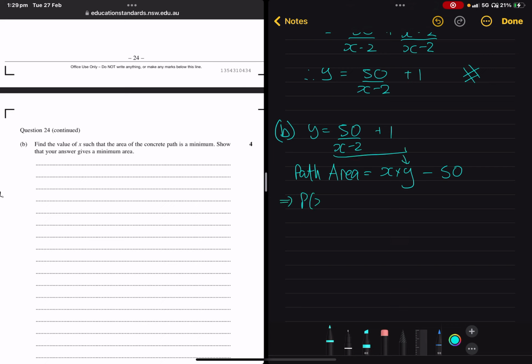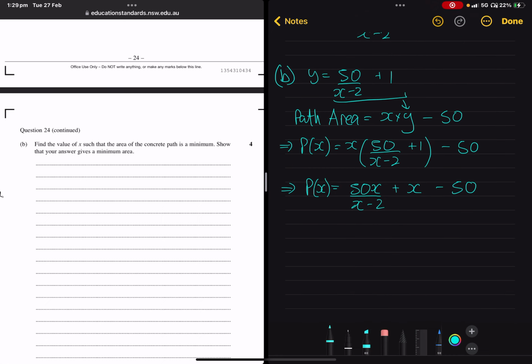This means the path as a function of x is going to be x times 50 over x minus 2 plus 1 minus 50. If we expand this, this gives me 50x over x minus 2 plus x minus 50. So this is the area of the path as a function of x.